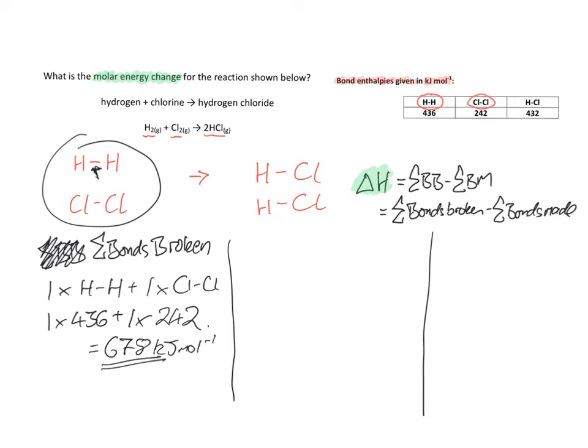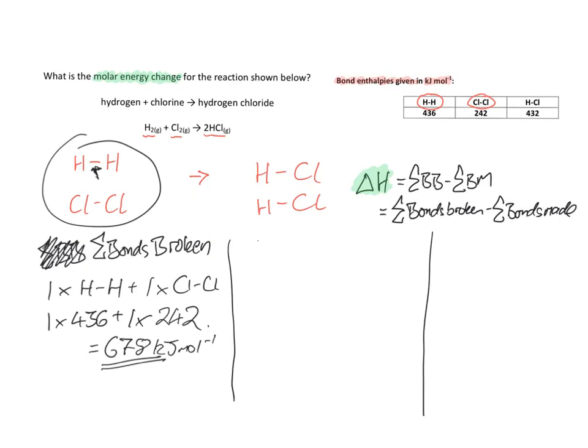So this is the bonds broken. That's the amount of energy put in to break the bonds in the reagents. As I think I've said before in a previous video, if you have bonds that appear on both sides, just break them on the left and remake them on the right. It's a zero-sum game. You end up with the same figure. It's just easier to keep track of what's going on.